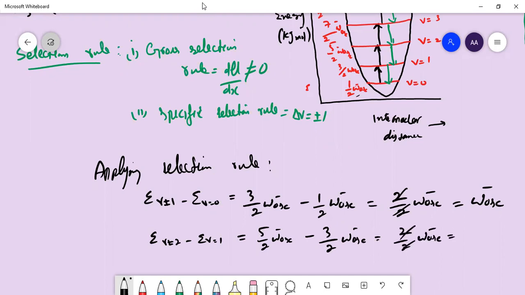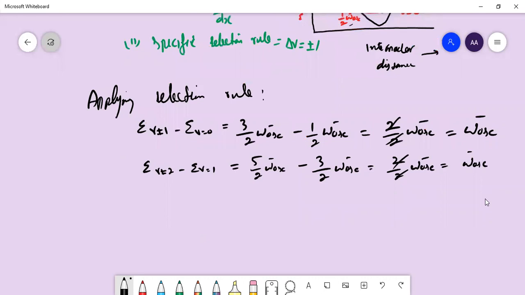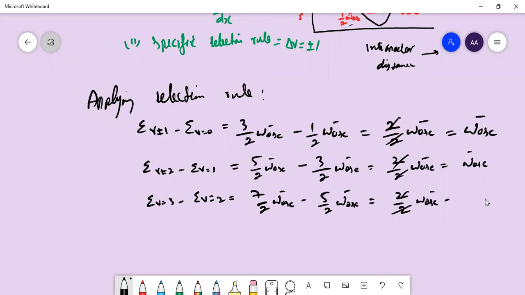So the 2 and 2 cancel again, and the value is omega oscillation bar. Similarly, for the difference between E(v) equal to 3 and E(v) equal to 2, the value will be 7/2 omega oscillation bar minus 5/2 omega oscillation bar. The difference is again 2/2 omega oscillation bar, the 2s cancel, and it is omega oscillation bar.